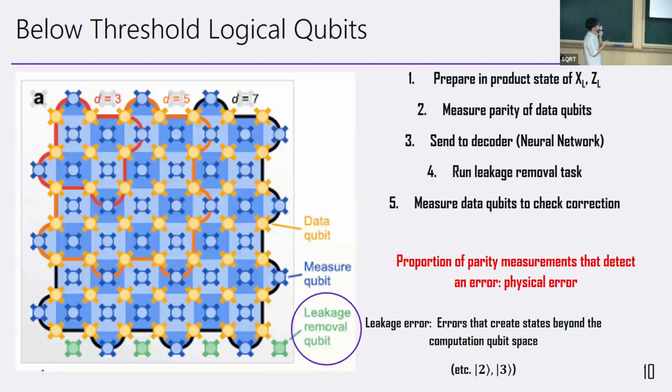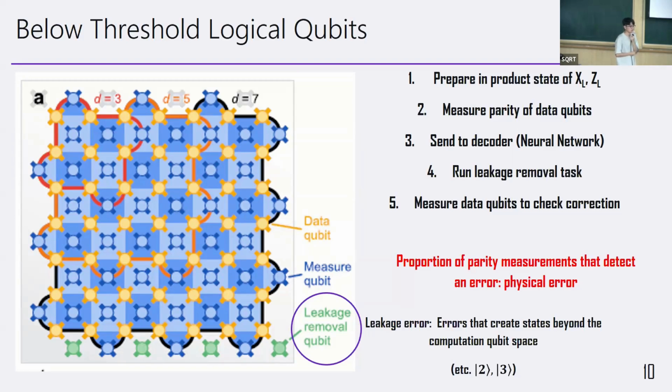So this is the surface code Google used. It's similar to the one you've seen, except you have these additional qubits in green. These qubits have a special job: their job is to remove leakage errors. What are leakage errors? Qubits are called qubits because there are 2 states, 0 and 1.